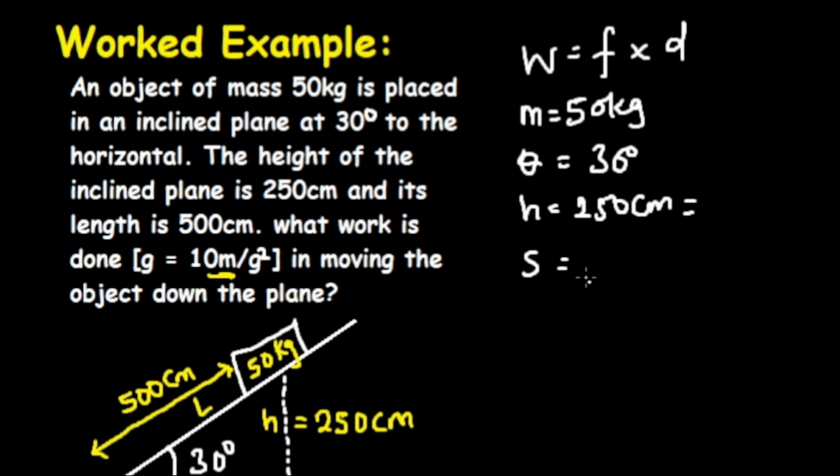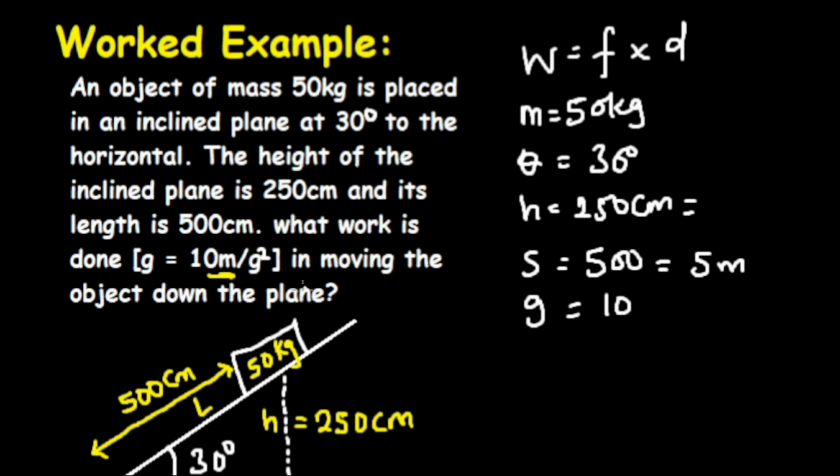So the distance now is 500. 500, if you want to write that in meters, that will be 5, right? That's 5 meters. Okay, so g is 10. So that one too is also settled.